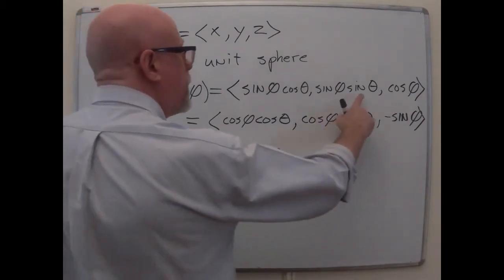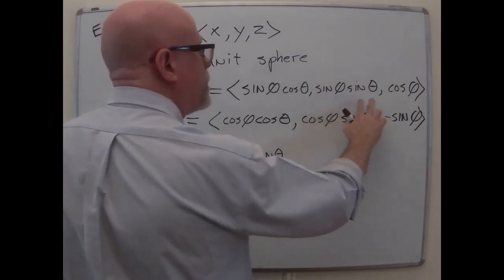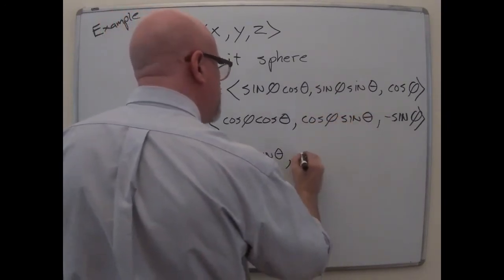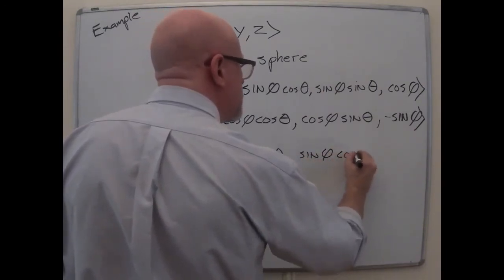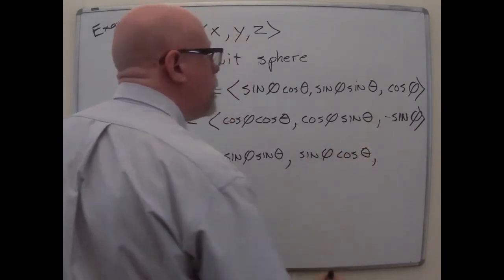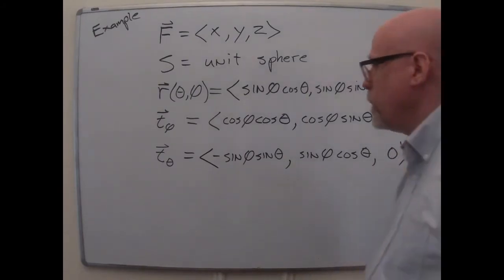And this is sine theta, so when we're doing a theta derivative, that acts as a constant, and sine theta becomes cos theta. And lastly, the position vector has a function that doesn't depend on theta in its z-coordinates, so that just becomes a 0 when you're in the theta direction.